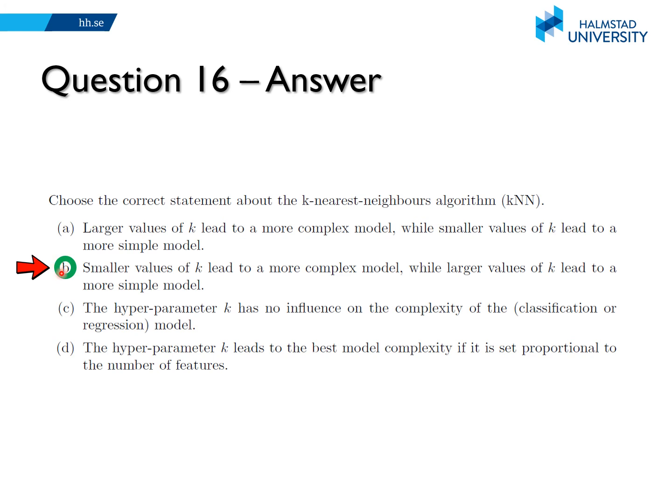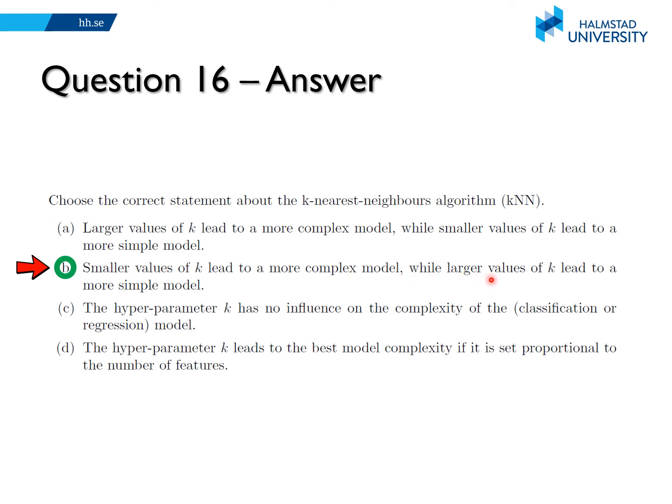The correct answer is B. So smaller values of k lead to a more complex model. For example, when k is equal to 1, then you are using just the nearest neighbor to make the prediction. So maybe there will be a large variability among predictions. So such a very complex model can lead to overfitting.